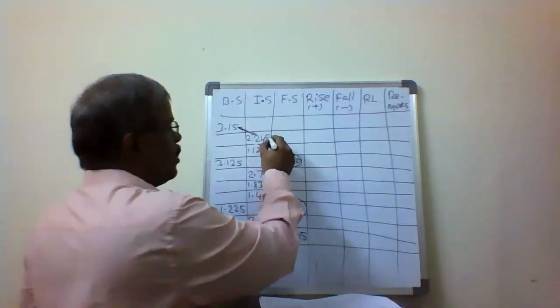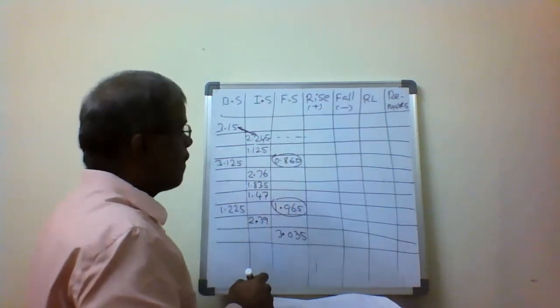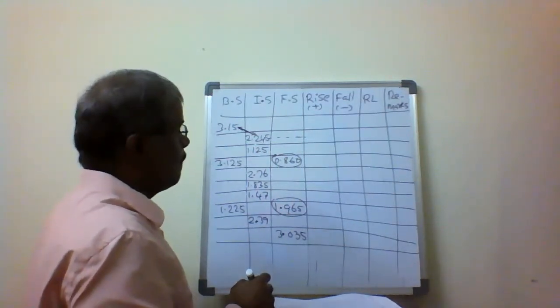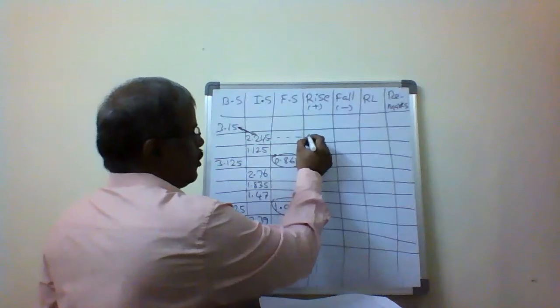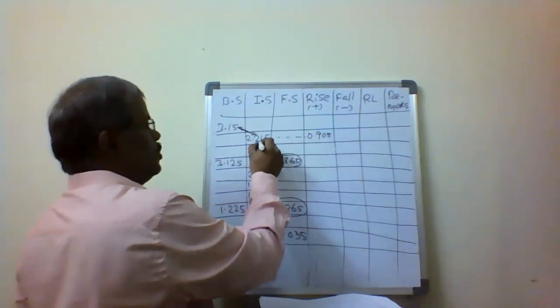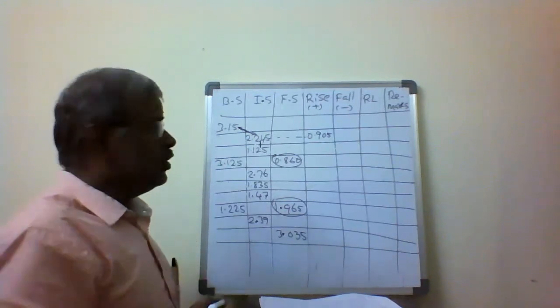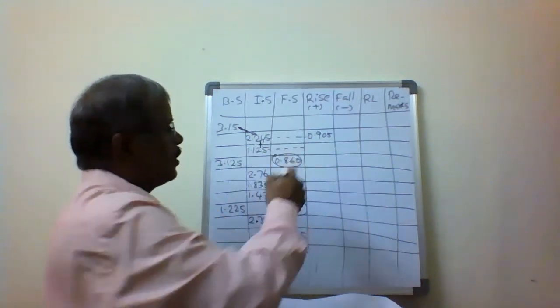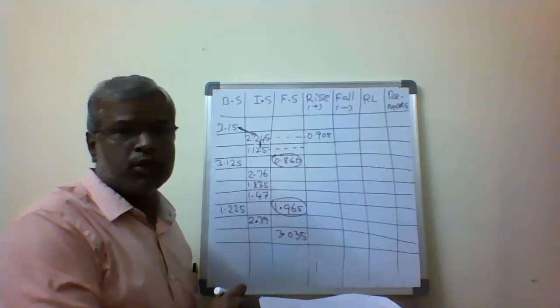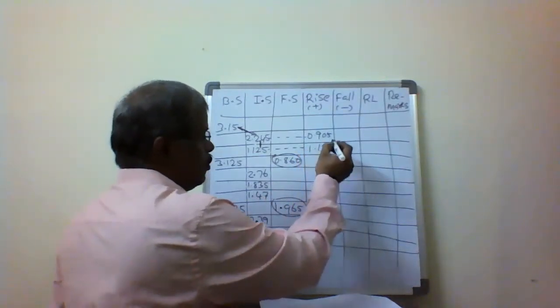So I'm going to enter into the rise column 0.905. Similarly, I compare these two, 2.245 and 1.125. This also comes in the rise, the difference is positive, around 1.120.